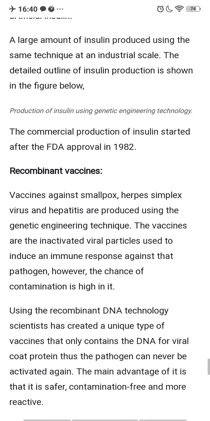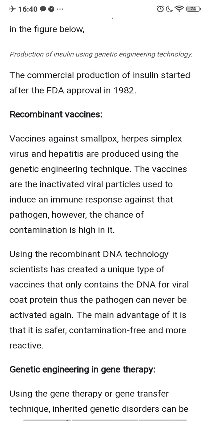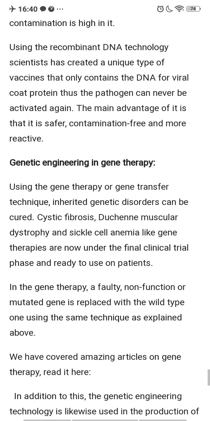Recombinant vaccines against smallpox, herpes simplex virus, and hepatitis are produced using genetic engineering techniques. Scientists have created a unique type of vaccine that only contains the DNA for the viral coat protein. Thus, the pathogen can never be activated again. The main advantage is that it is safer, contamination free, and more reactive.